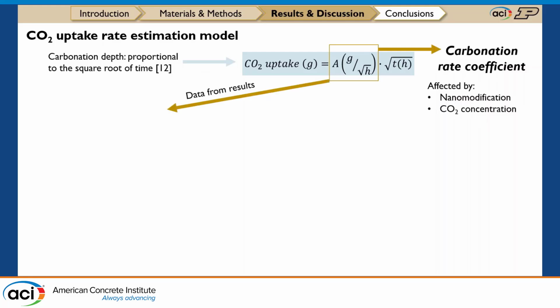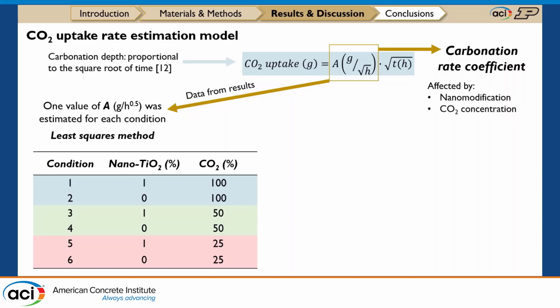So we took the data from our results to estimate this coefficient. We used the least square method to estimate one value of this coefficient for each condition that we had. So we had three initial CO2 concentrations, 100%, 50%, and 25%, and two different percentages of titanium dioxide, 1% and 0%. And these are the results.